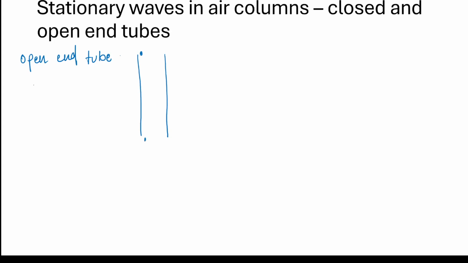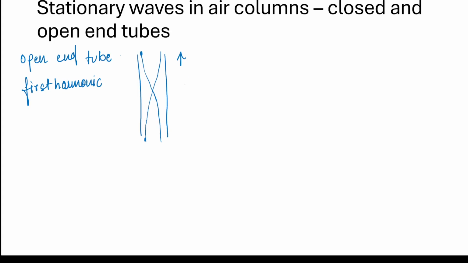So for the minimum frequency, that's the first harmonic, your open end tube, a wave would look something like this. So this is the first harmonic, because you cannot have anything less than this in an open end tube.